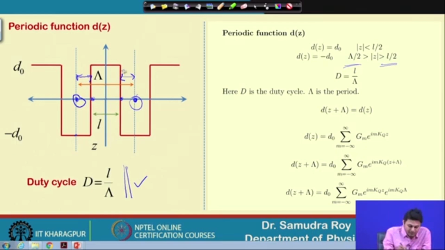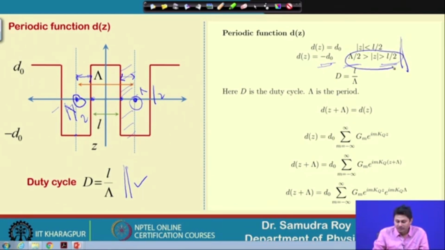This coordinate is lambda by 2, this coordinate is minus lambda by 2. So, from minus lambda by 2 to minus L by 2, the value of D will be minus D0. From L by 2 to lambda by 2, the value is also minus D0. This is the range where the D value is minus D0.